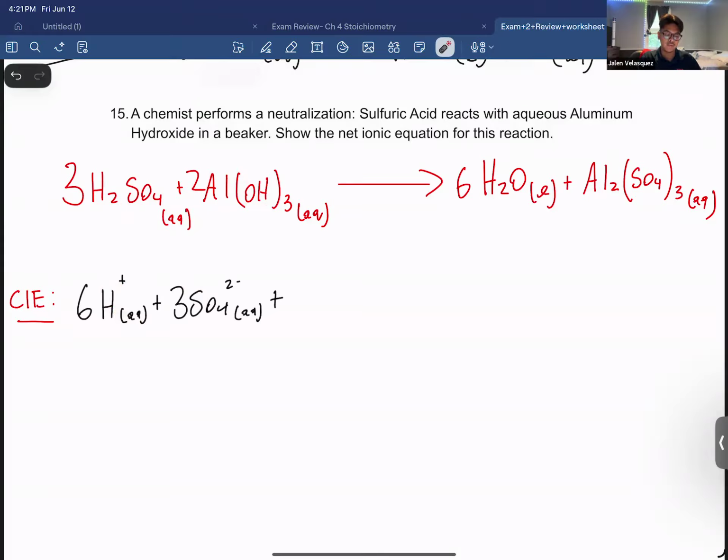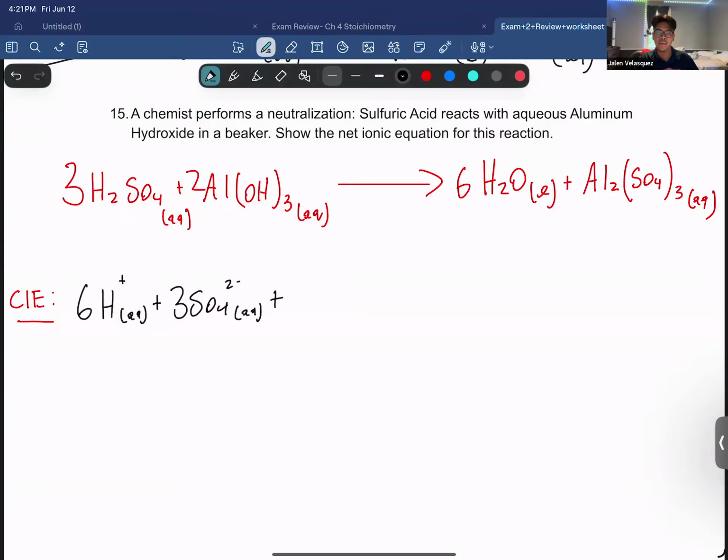We move on to our base, which is a weak base, and we know weak bases will only partially ionize, so we're going to keep it together. Just write it exactly as it was shown before. We go to our product side, we have liquid water, so we know we can't ionize that, so keep it together.